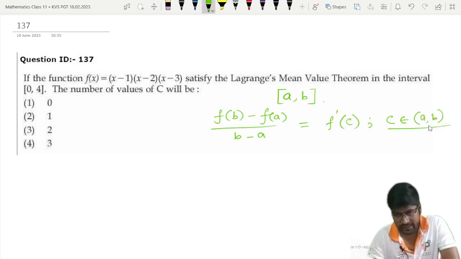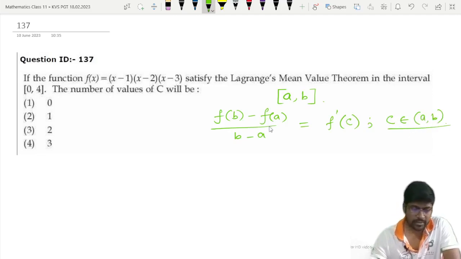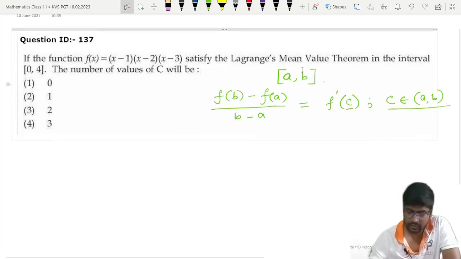You have to take care that c will lie in the open interval a comma b. So how many c we will get? That is the question here. We have a, we have b, so we can find f dash, the derivative of f, and then find how many c we get.